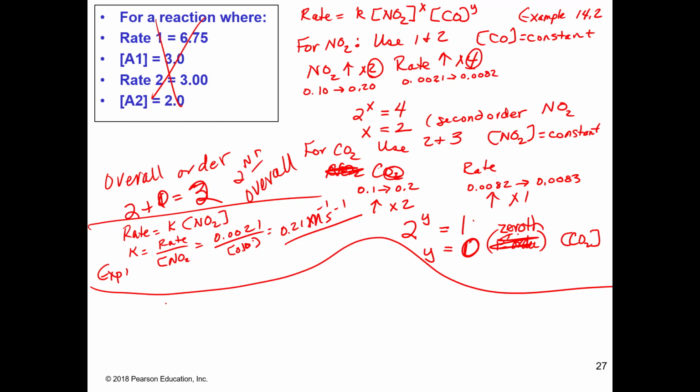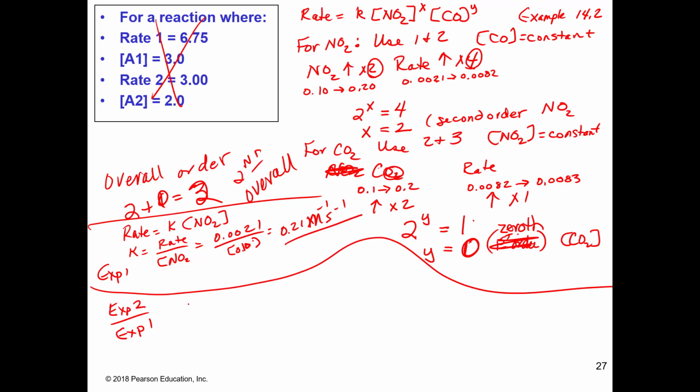So I'm going to do experiment 2 and experiment 1. I'm doing that because the bigger number is in experiment 2, and so I want a whole number because it's just easier to work with.